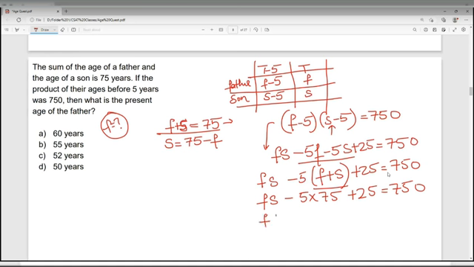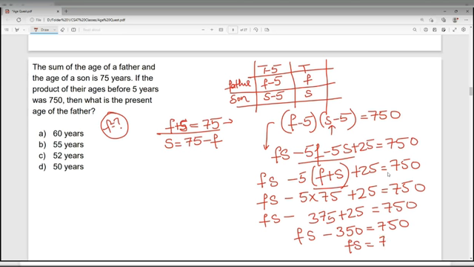So fs minus 375 plus 25 is equal to 750, and fs minus 350 is equal to 750. fs is equal to 750 plus 350, that is equal to 1100. So you have two equations now: f plus s is equal to 75 and f into s is equal to 1100.